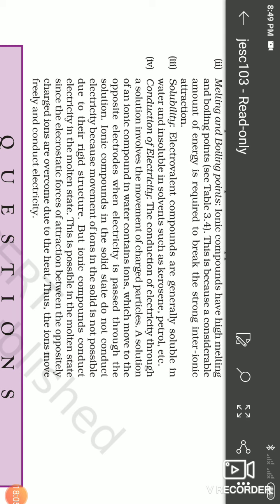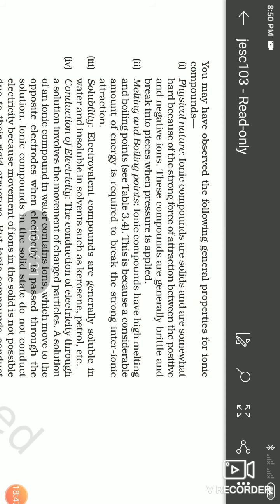Solubility. Electrovalent compounds are generally soluble in water and insoluble in solvents such as kerosene, petrol, or other organic solvents.